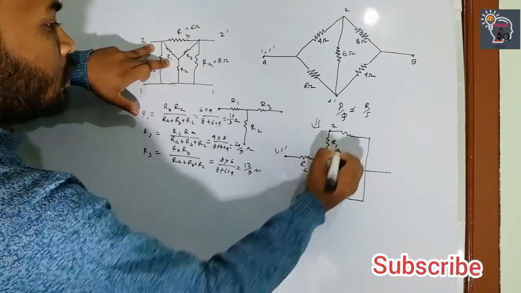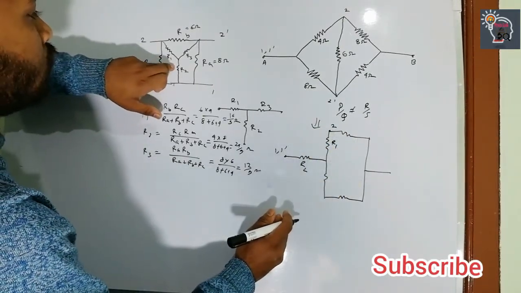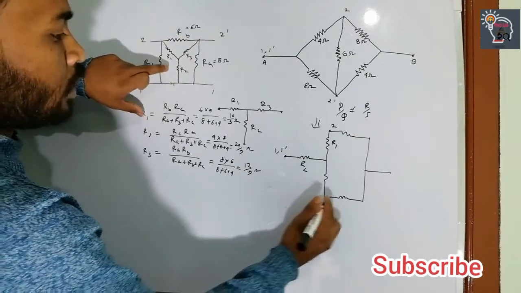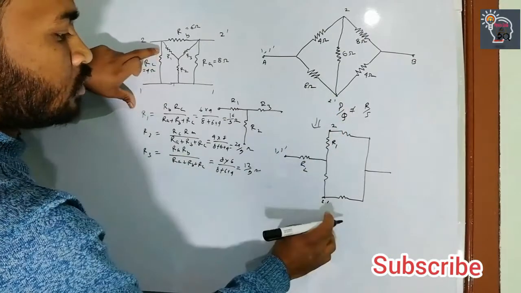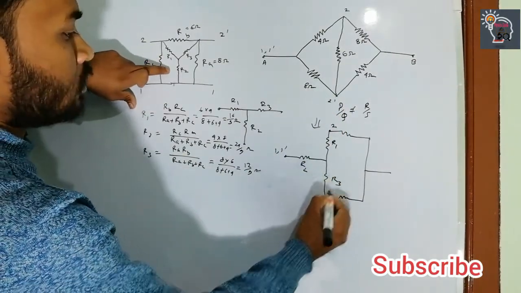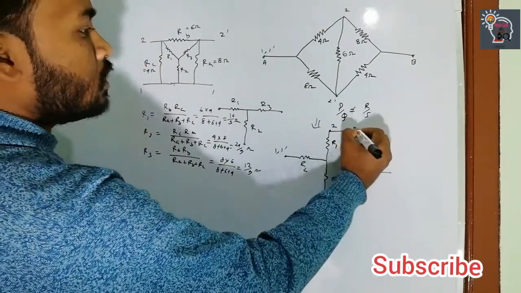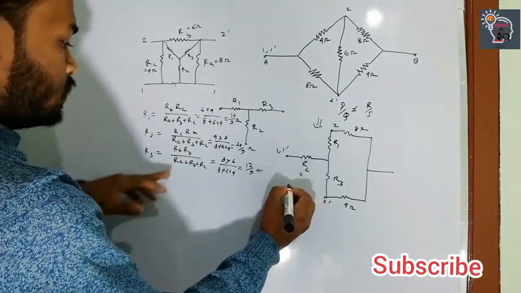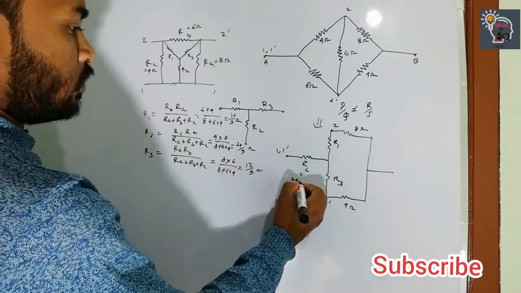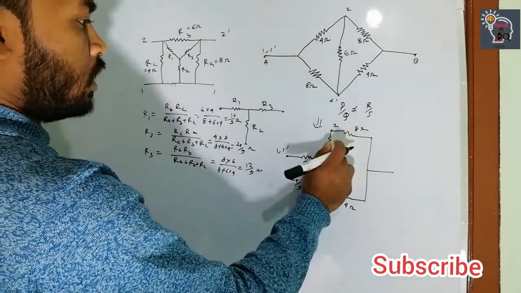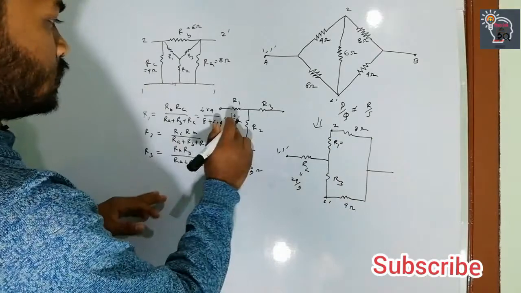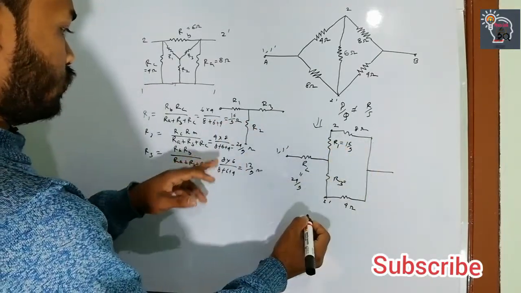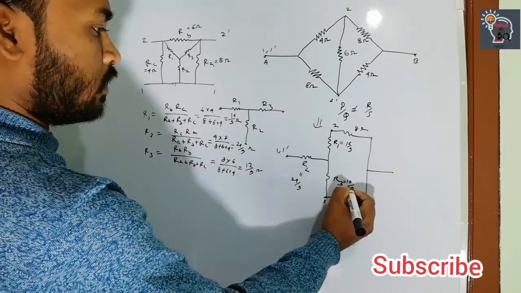So this is R1, and after R2, R3 is connected between R2 and 2 dash. This is the 2 dash point, this is R3. So it is 8 ohm and it is 4 ohm. So here R2 is equal to 24 by 9, R1 is equal to 16 by 9 and R3 is equal to 12 by 9.